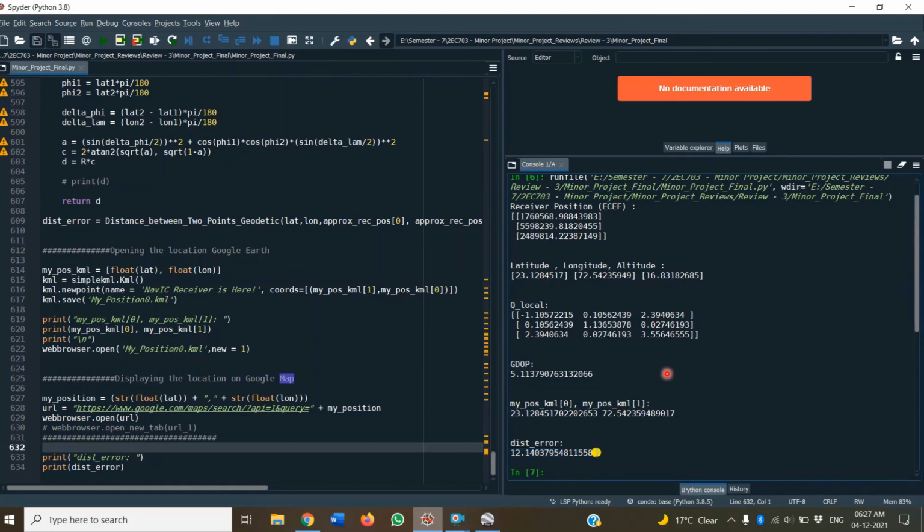Also, as specified, two positions of KML, that is keyhole markup language, are given for the Google Earth output. And finally, the distance error, that is the reference point and the obtained point and the error between both these points, which would finally determine where the receiver is exactly positioned, is given by the dist error parameter.